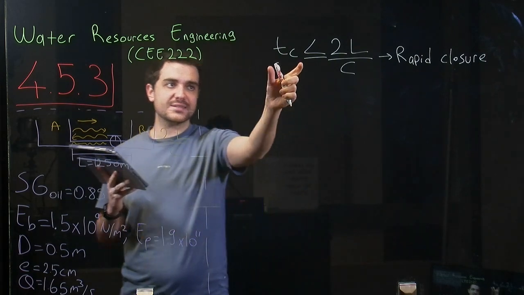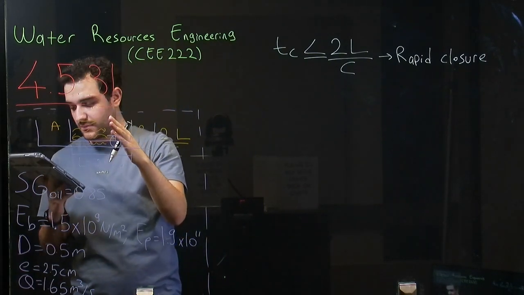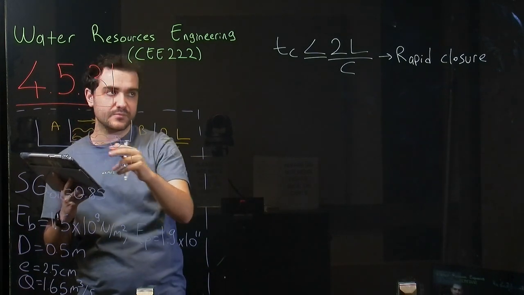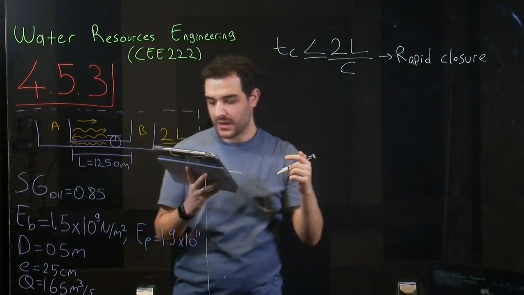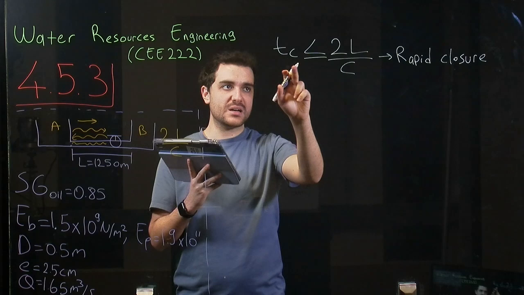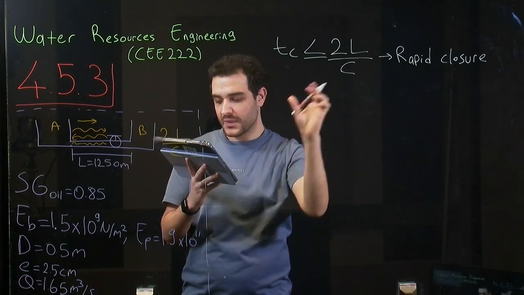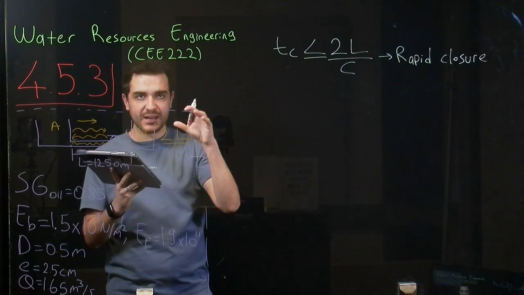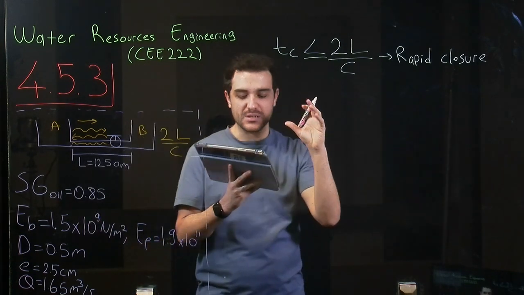This duration is so short that it is not allowing water to return to the valve, and this means that we have a rapid closure. But once the closure time is higher than the return time, then we will say it's not rapid closure, and in this question we need to find this minimum time.